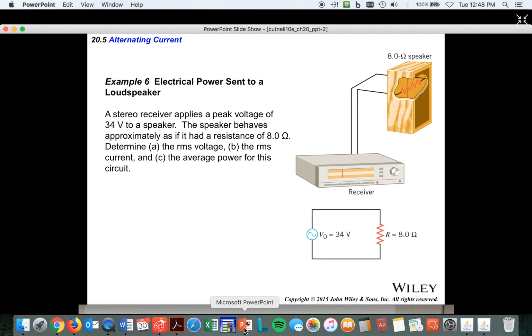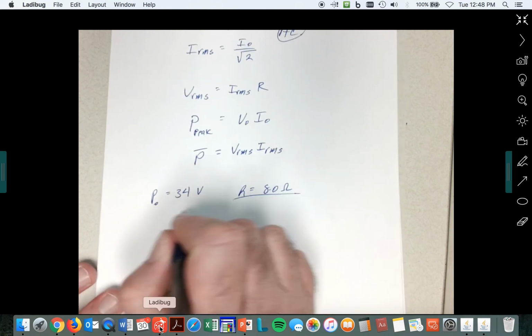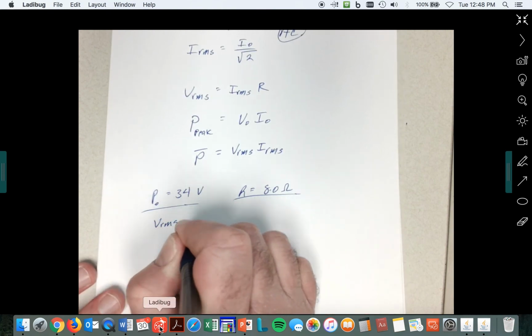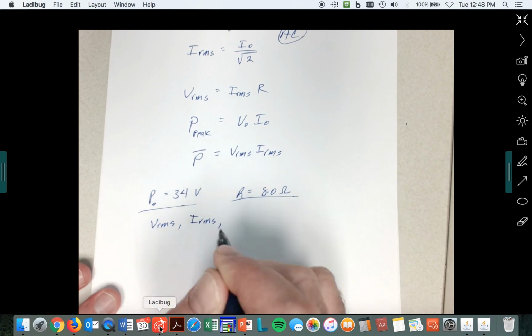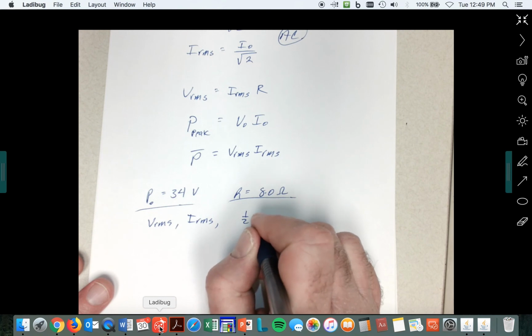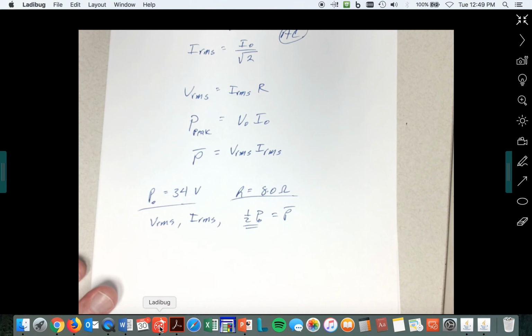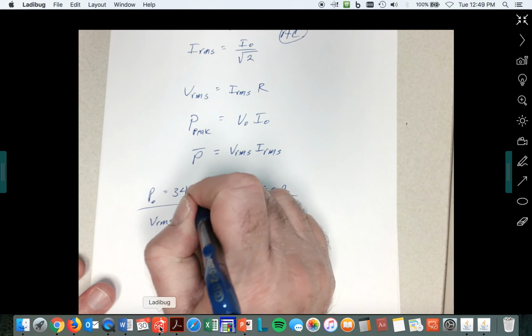Well, that's pretty easy. I need to find VRMS, IRMS, and average power. 34 watts.